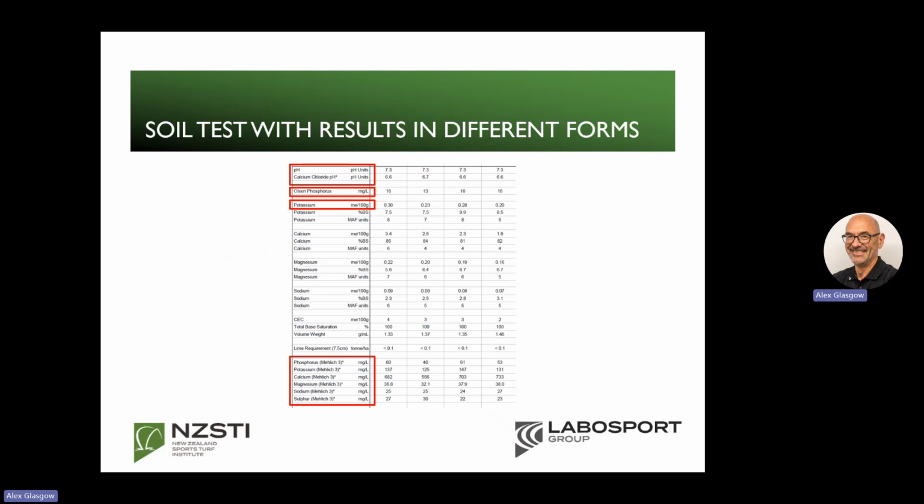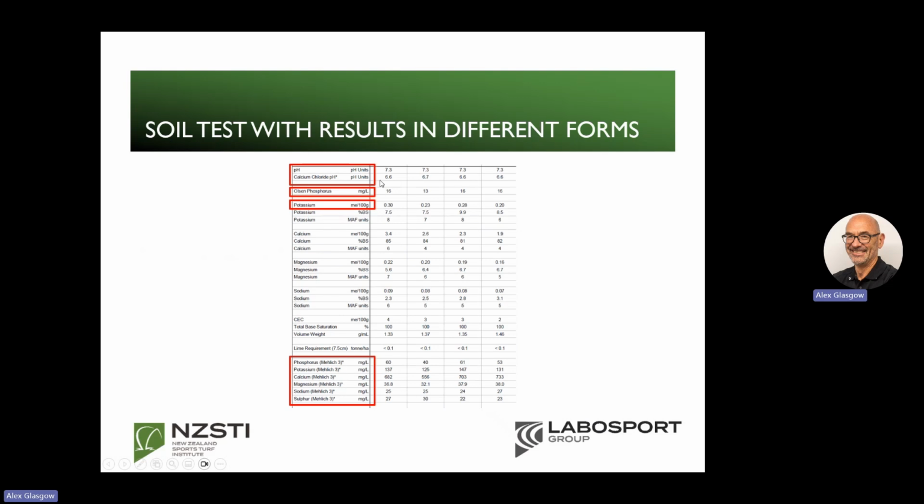So I just wanted to have a quick look at some soil test results to show you a few things. The first one's actually not to do with the units, it's to do with pH and a couple of different ways of testing pH. You can see here there are two pH results. Each one of these columns is the result of testing done on a soil sample submitted to the lab.